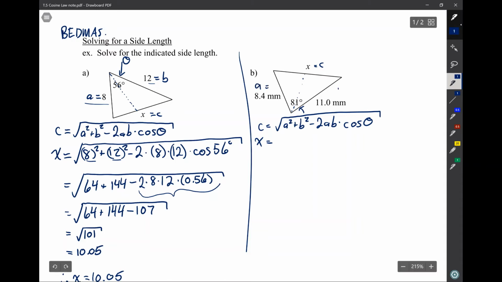We'll go with a and b. So equals the square root of a squared, so that's 8.4 squared, plus b squared, and that's 11.0 squared, minus 2 times a, which is 8.4, times b, which is 11.0, times the cosine of 81 degrees. And that's all under a square root sign.